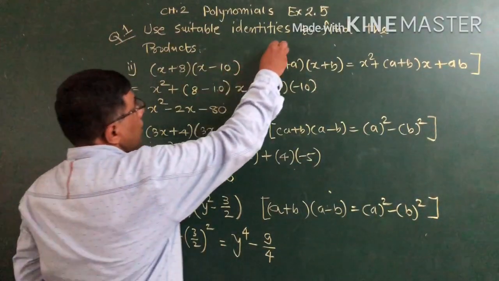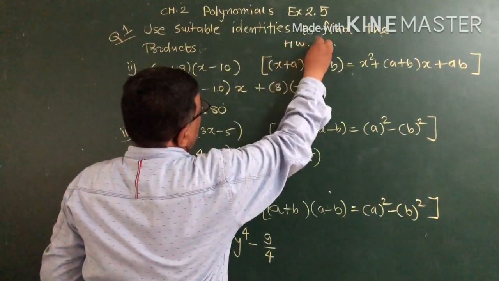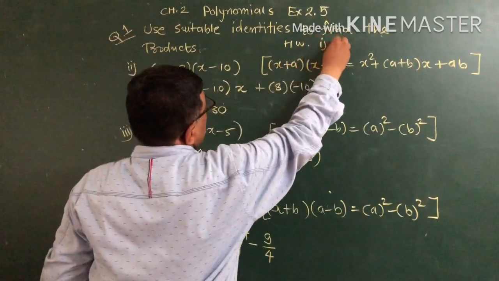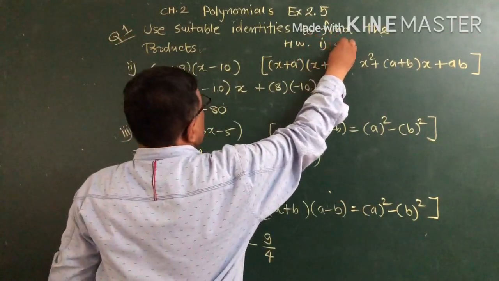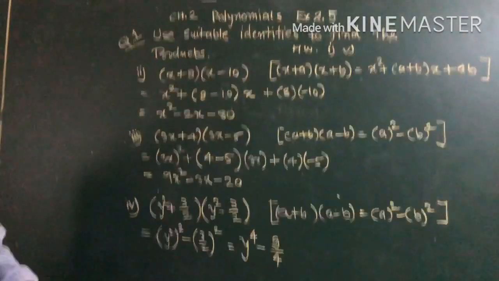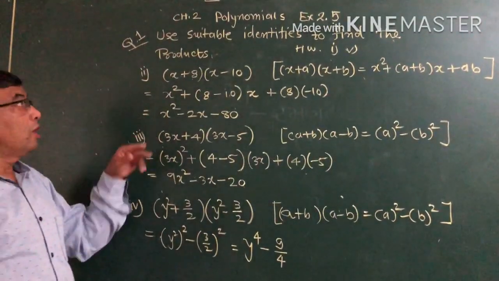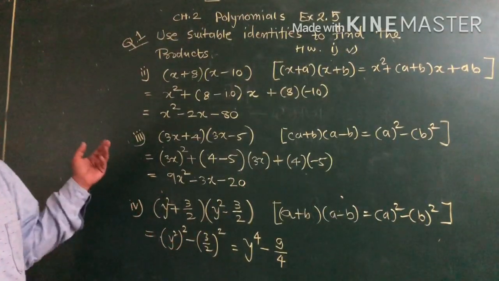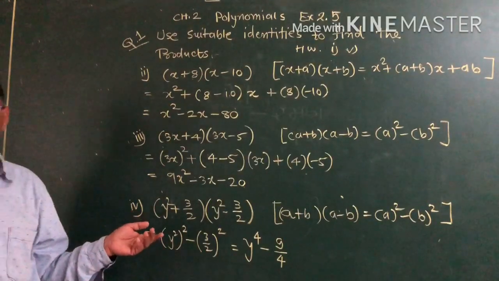So homework. First one is solved here, so you solve first one, also solve fifth one. First and fifth, you have to solve at home. Now we see the next question.